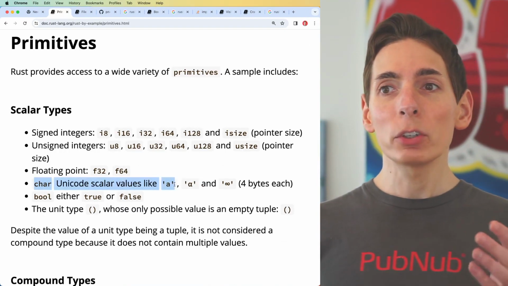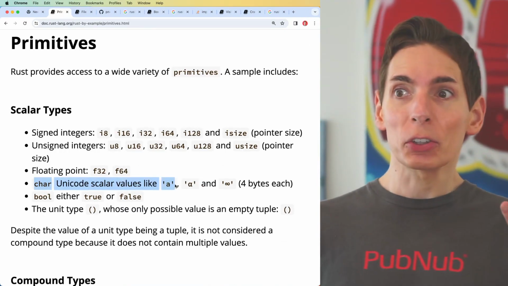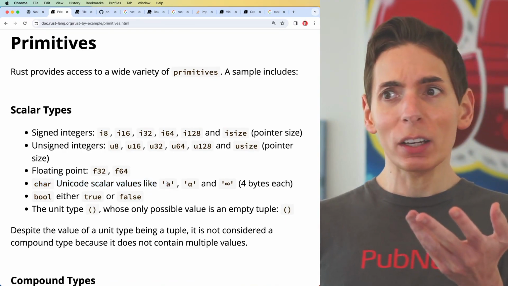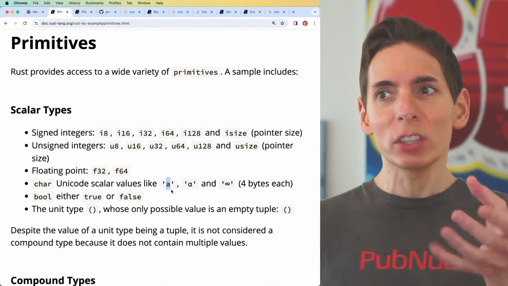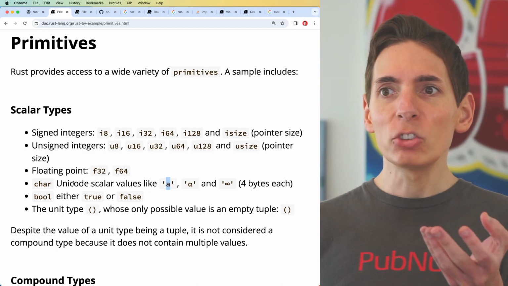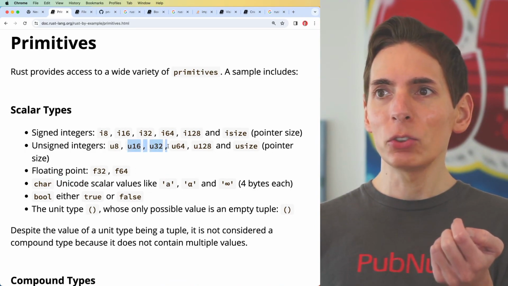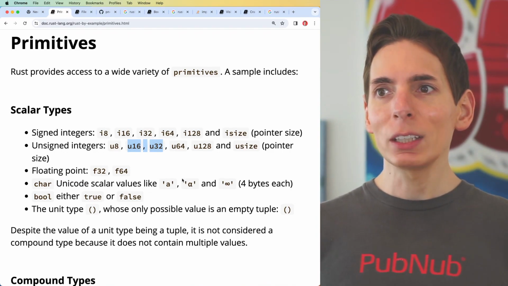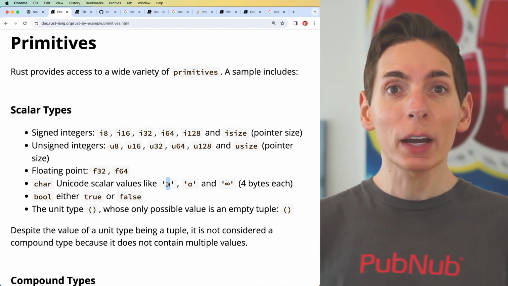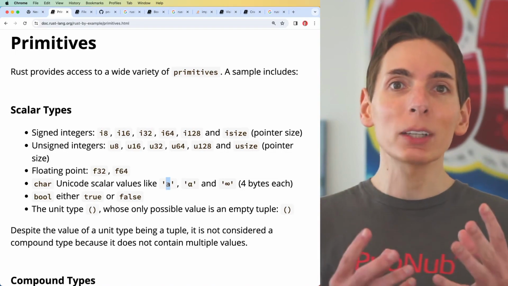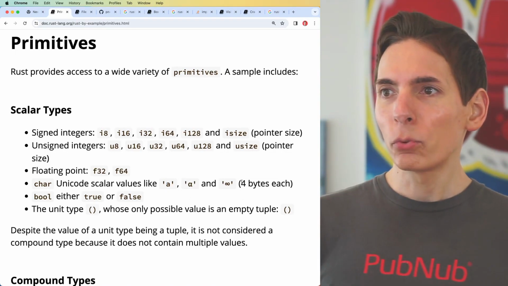We also have char, which is character, which is essentially just a single value, right? It's just a single letter. It says Unicode. So it's probably going to be in the range of U16 or U32, representing a character's numerical value, but we can interpret that as like the letter A. Oh, 4 bytes. Okay.